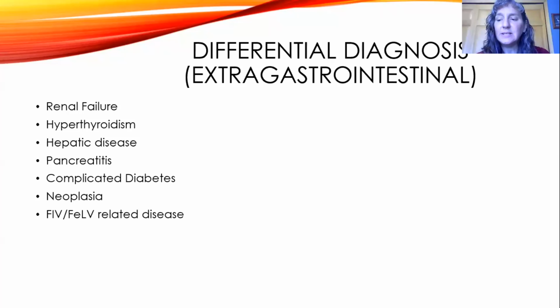Oftentimes, these diseases can be diagnosed or ruled out by blood work and urinalysis. So for extra gastrointestinal diseases that can produce vomiting and/or diarrhea, the list includes renal failure, hyperthyroidism, hepatic disease, pancreatitis, complicated diabetes, neoplasia, and FIV and leukemia-related diseases.